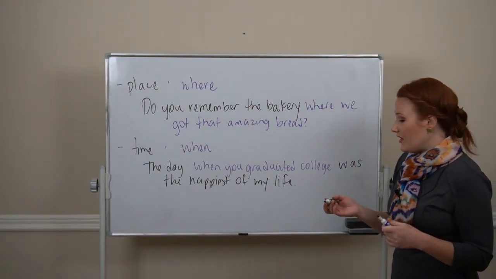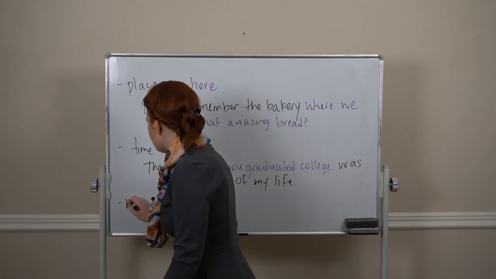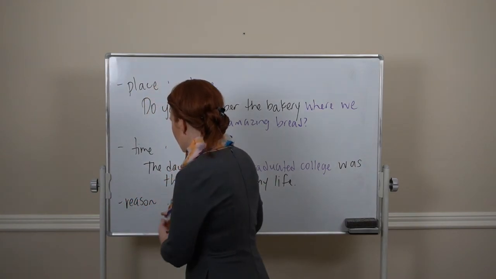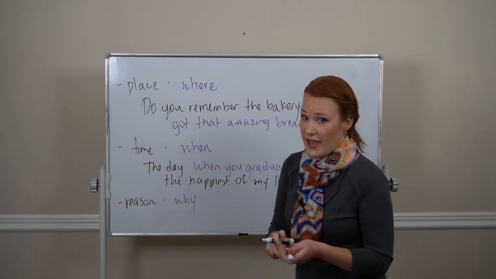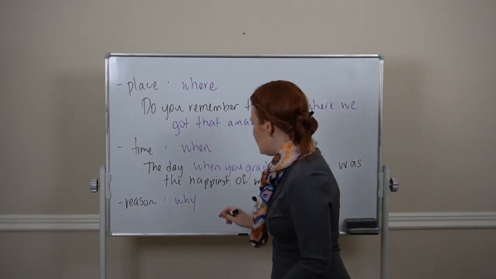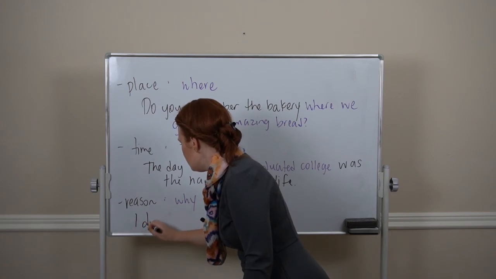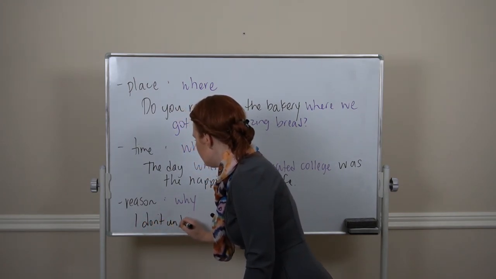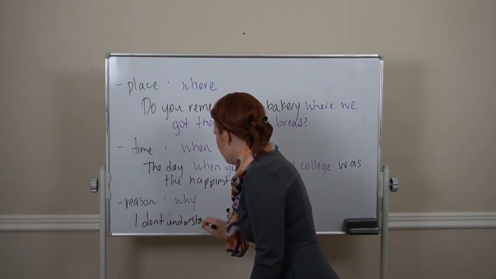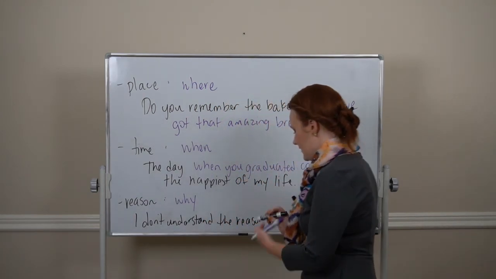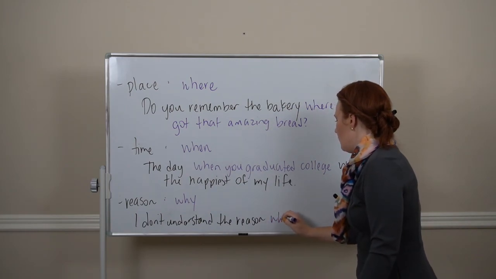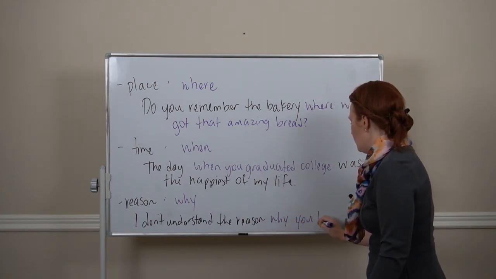And finally, if we want to give a reason, we'll use why. And this one's a little different. I'll show you how. I don't understand the reason why you left.